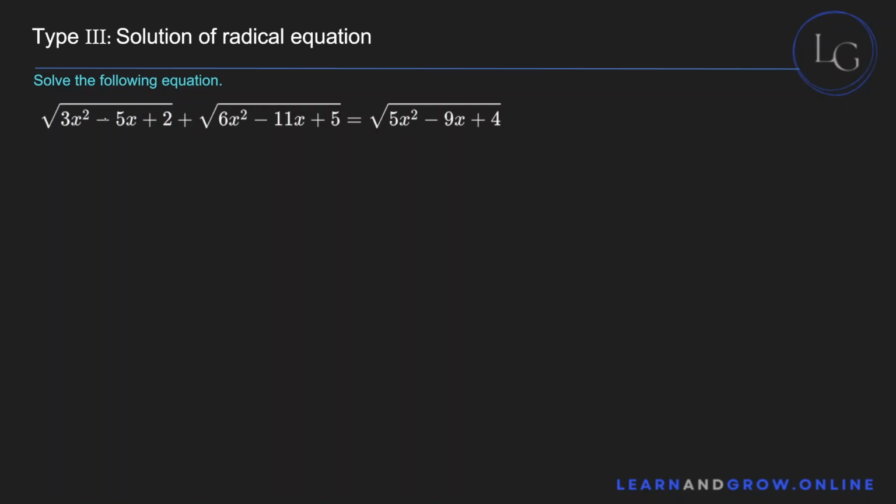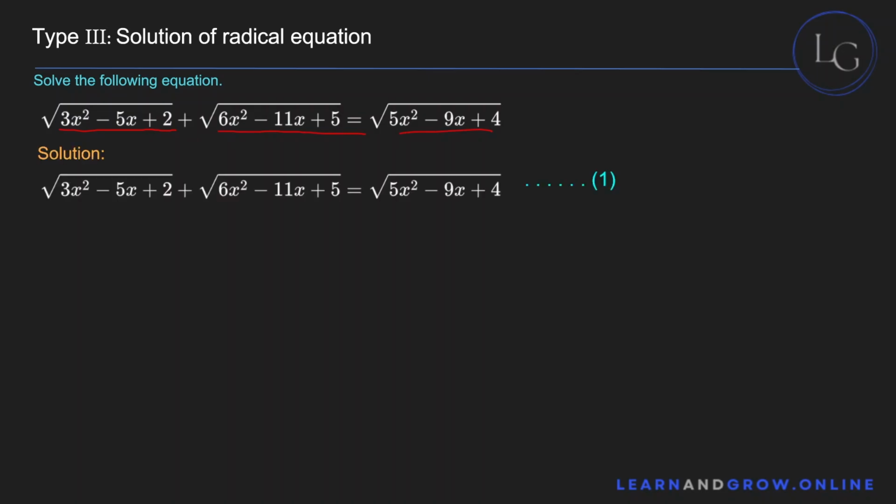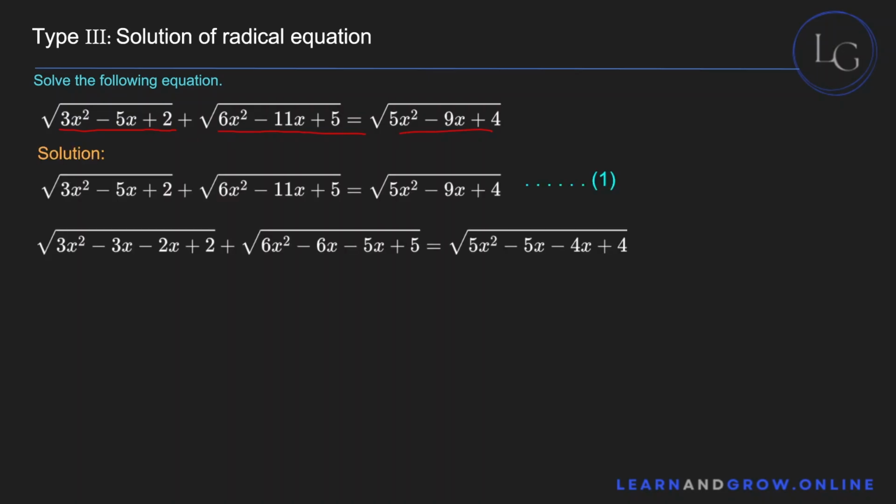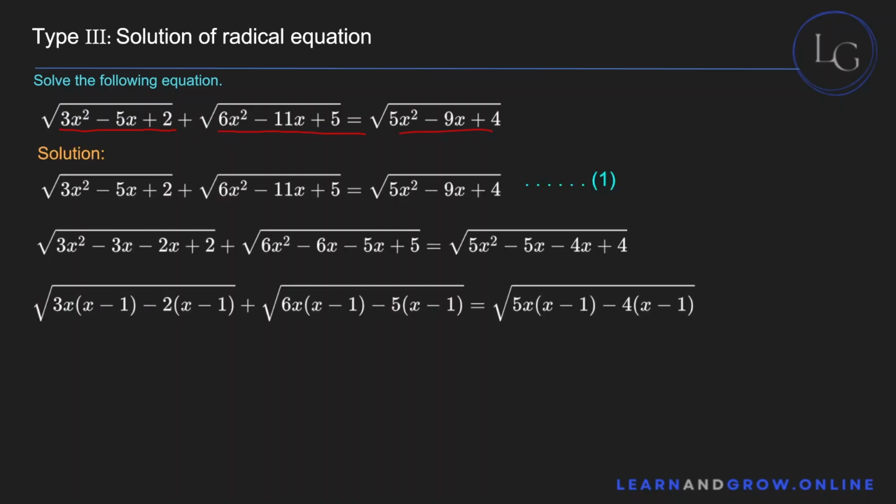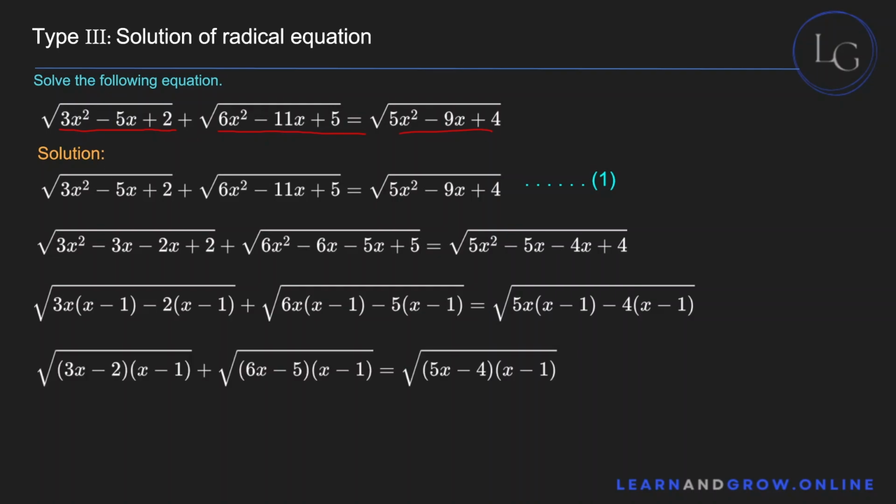Over here you similarly have radical terms on both sides, except that under the radical signs you have quadratic terms. So naturally, your first instinct is to factorize the quadratic terms. And upon factorizing the quadratic terms, you get this equation here.